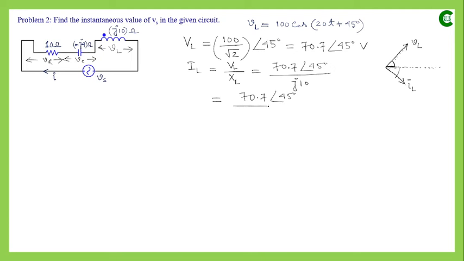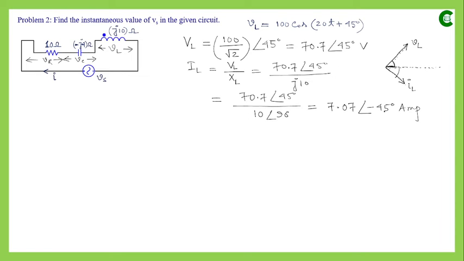If we do that, it will come as 10, since we don't have any real part here: it is simply the square root of 0 squared plus 10 squared, so it is 10 only, and because of this j, the angle will be 90 degrees. So finally that value will be 7.07, and angle wise it will be 45 minus 90, so minus 45 degrees, in amperes.